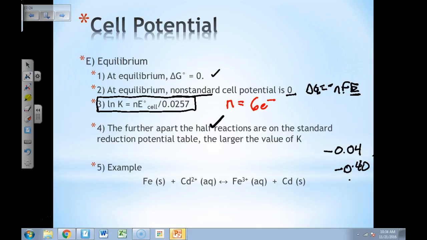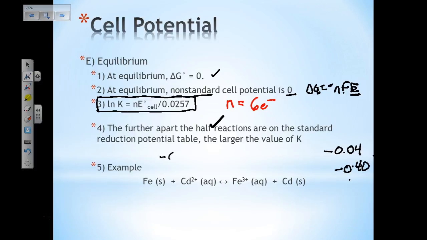Iron is being oxidized, so that's our anode. It's our cathode minus our anode. So the cathode is cadmium, negative 0.40 volts, minus a negative 0.04 volts.